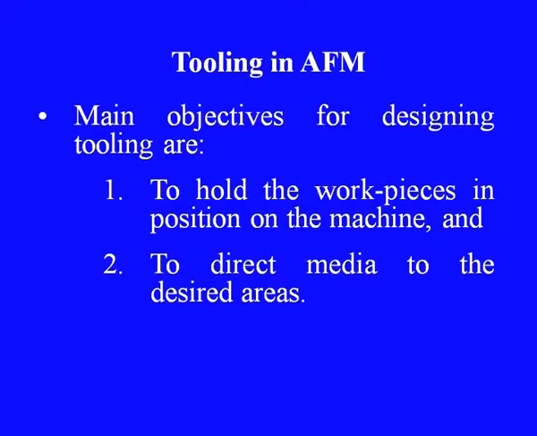Now, let us see the toolings in AFM. The main objectives for designing tooling in this AFM process are to hold the workpiece in position on the machine and then to direct the media to the desired areas. Generally, 2-3 different materials are popular for tooling.